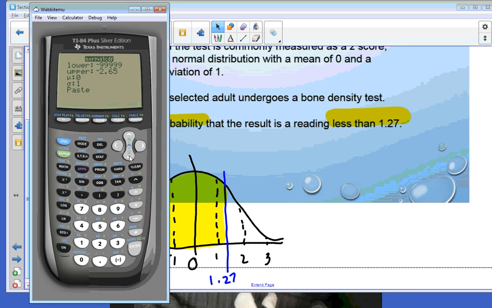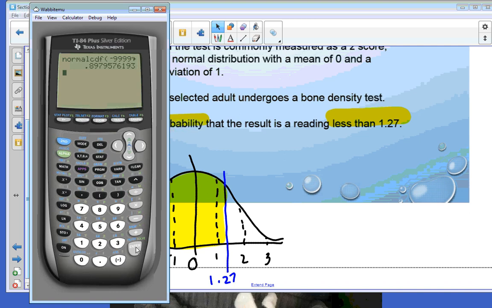It's from the far down to the left, and I'm going up to 1.27. Going to cursor down and say paste. Again, if you have the different operating system, put that in parentheses, negative 99999, comma 1.27. Close your parenthesis and hit enter.